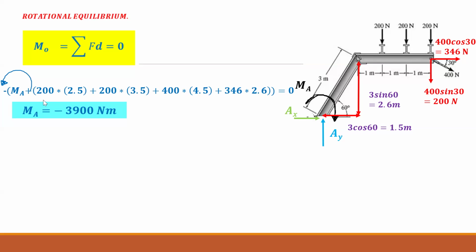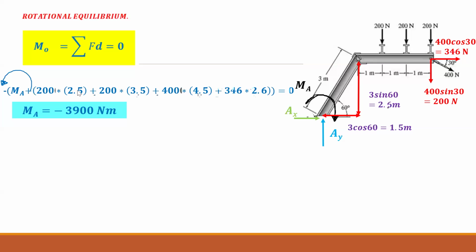200, all negative, yes, that's right, all negative. So 200 times 2.6, I think. 3 sine 60 means 2.6.